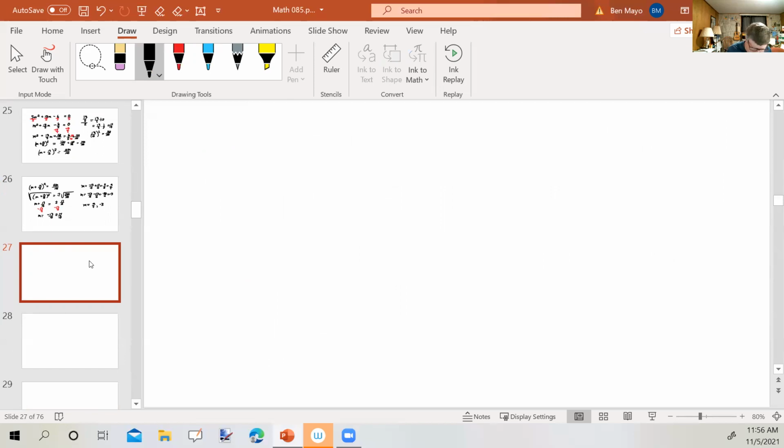So let's say we've got 6x squared minus 12x plus 1 equals 0. The first thing we're going to do is get the leading coefficient to be a 1.